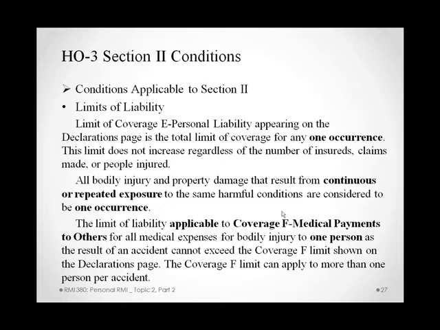However, under Coverage F, if two people become ill or injured at your place in one incident, that would be considered as two occurrences, and that's why two coverage limits will be triggered. For example, an insured with a $1,000 limit for Coverage F would have $1,000 in coverage available for each guest injured in an accident at the insured's house.